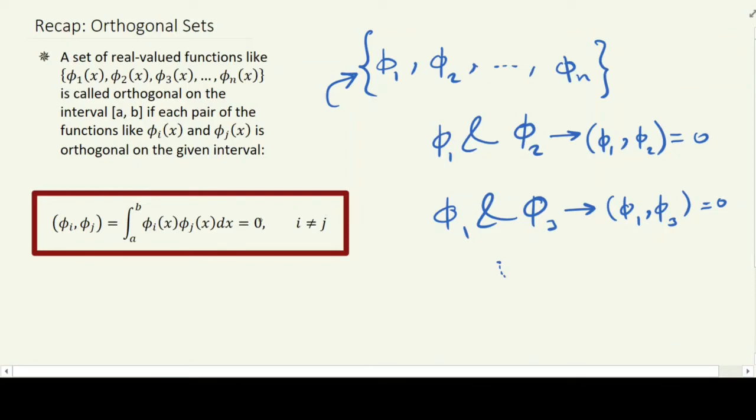And by definition, you remember that we said that the inner product of two functions like phi i and phi j is just the integral of their product, phi i times phi j, over that given interval. So for example here, over the interval a to b. And when we say that two functions are orthogonal, again their inner product is simply 0, which means that this integral is 0. And if that's the case for any pair of functions that you can imagine in this set, then this set itself is going to be called an orthogonal set.